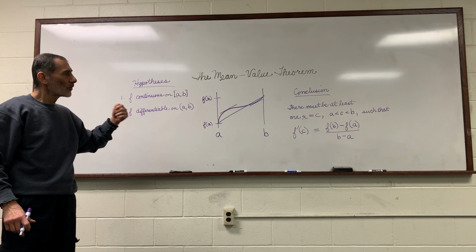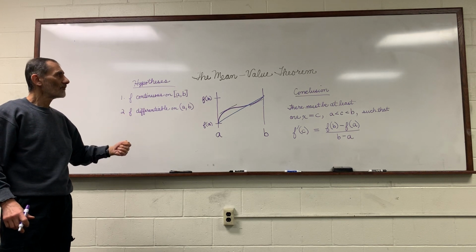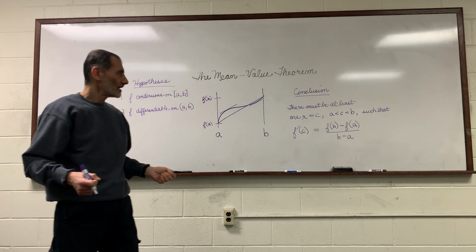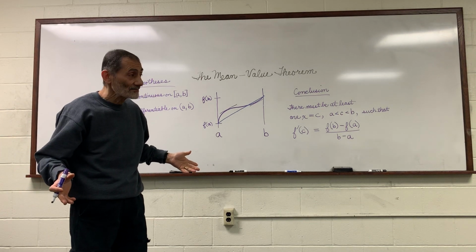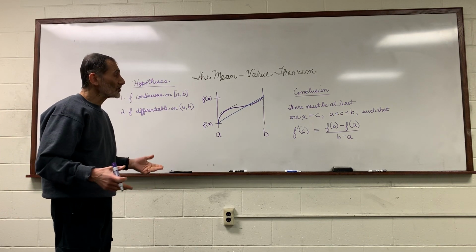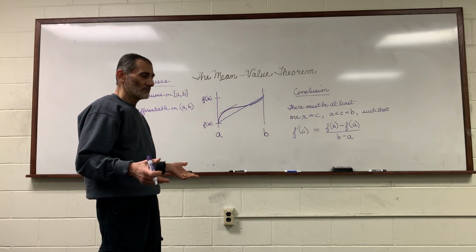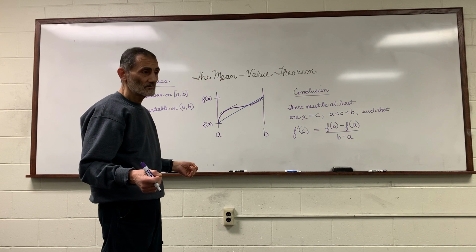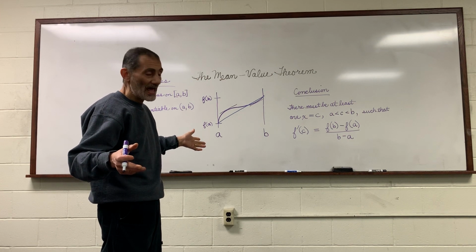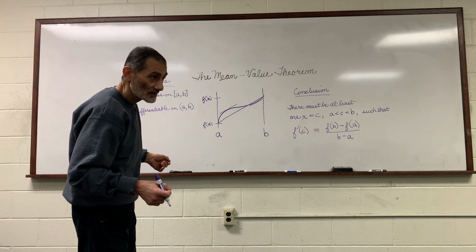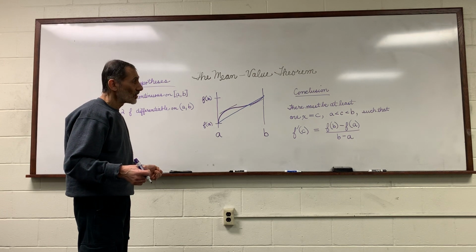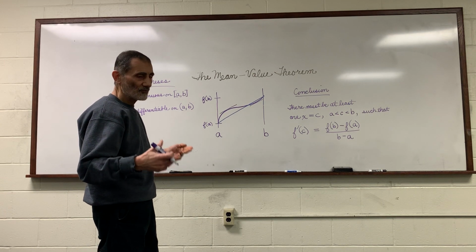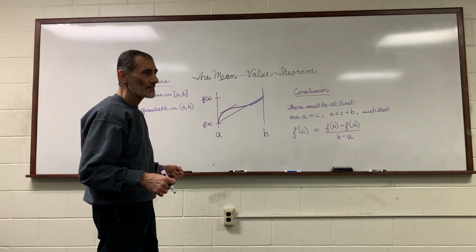To give a real-world example of the mean value theorem, think about taking a trip in a car. All right? Suppose that you have to drive 20 miles, and it takes you a half an hour. Well, that means that your average speed for the trip is 40 miles per hour.